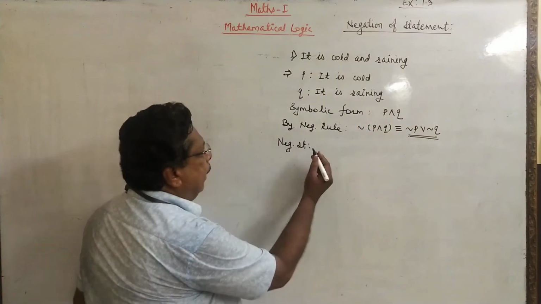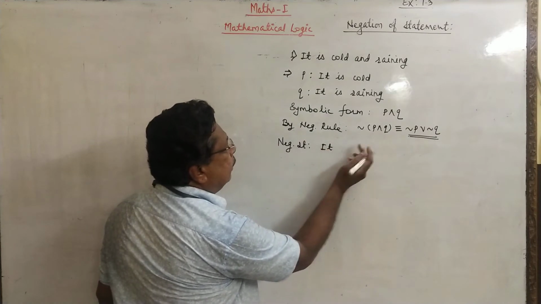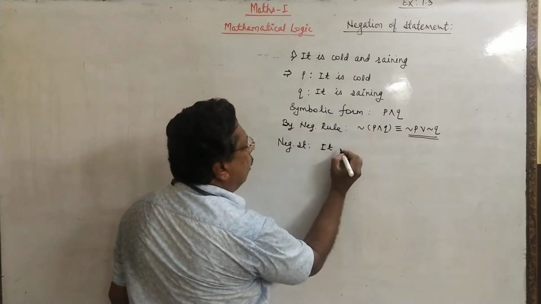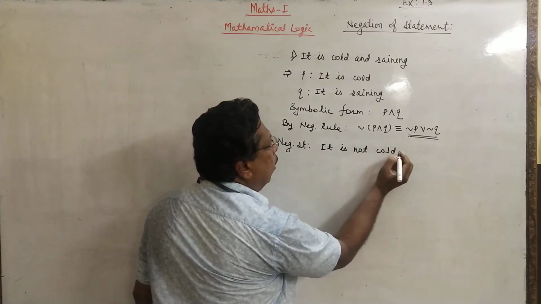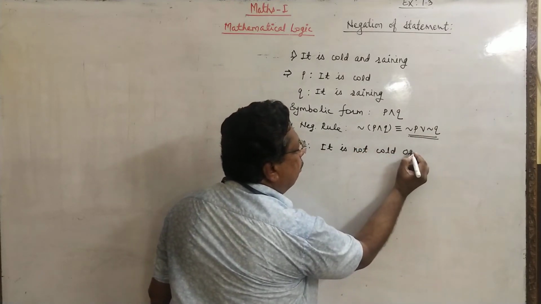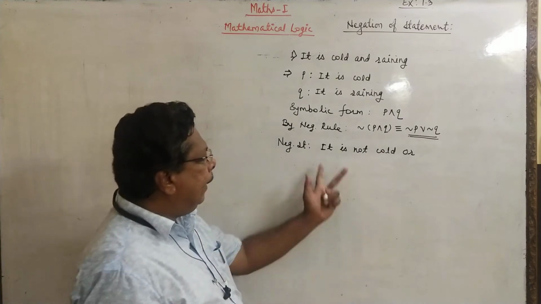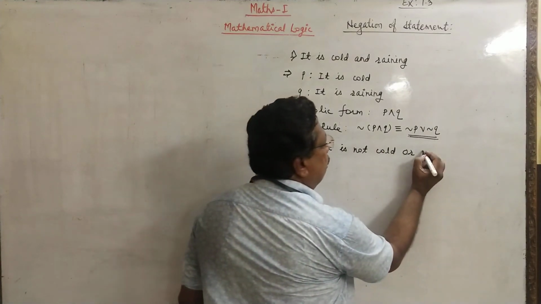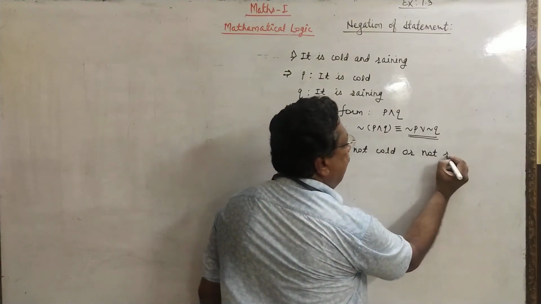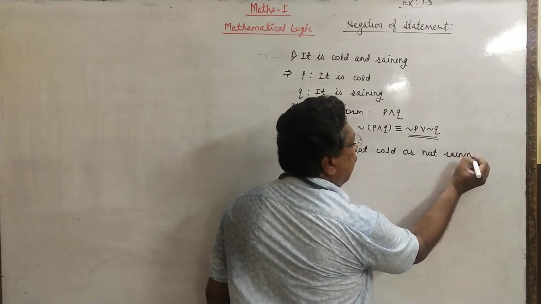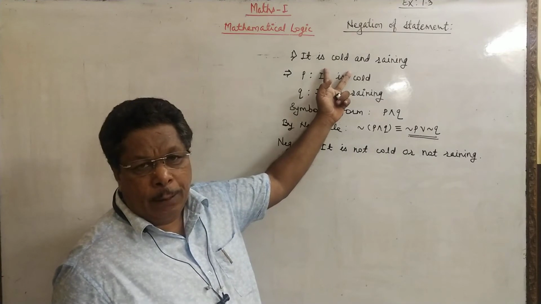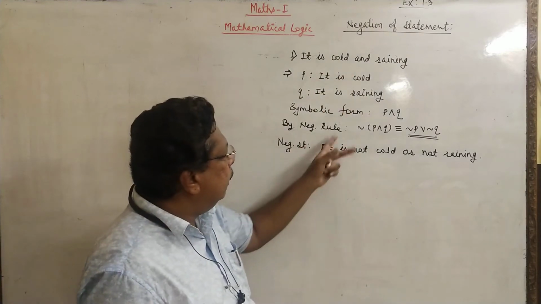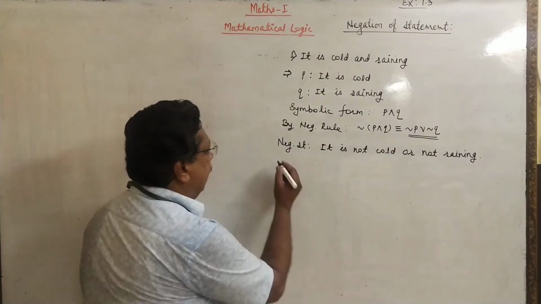So negation statement is it is not cold or it is not raining. So this is the negation statement of the given statement, by using the first rule of negation.